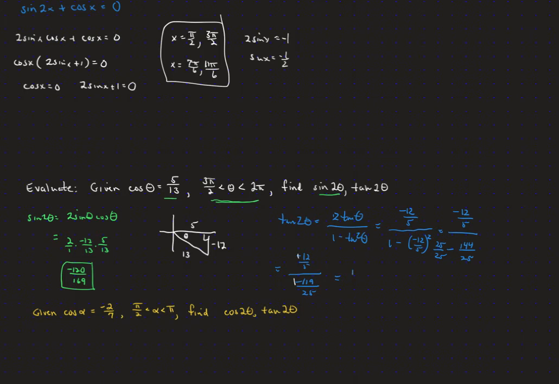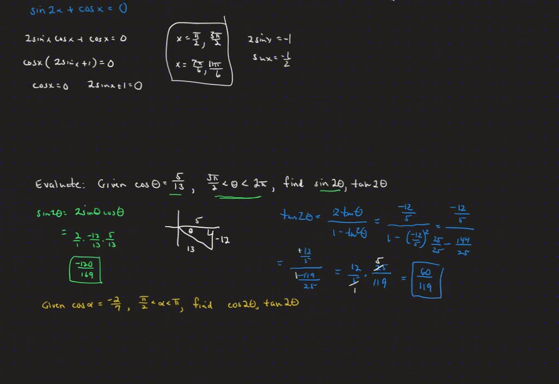We're going to have that 12/5 times 25 over 119. And so we can cancel the 5 with the 25. And then 12 times 5 is 60, and 119 is our denominator. There it is. Let's try another one of these.